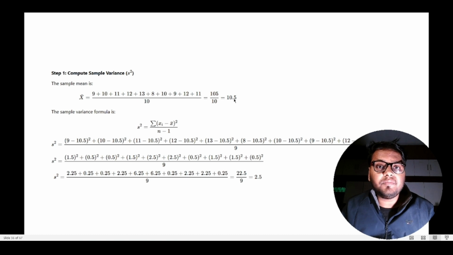After that, we calculate our sample variance with this formula: sample variance equals the summation of xi minus sample mean, whole squared, divided by n minus 1. When we put all these values into the formula, we get that our sample variance is equal to 2.5.